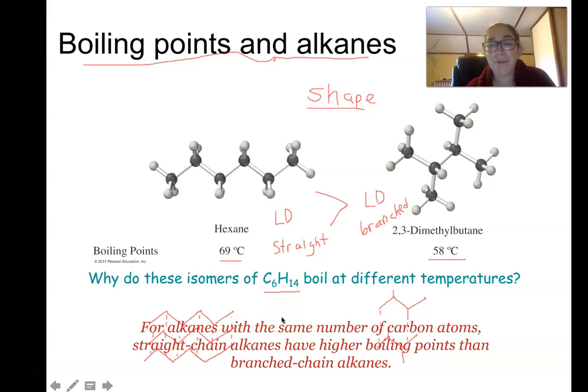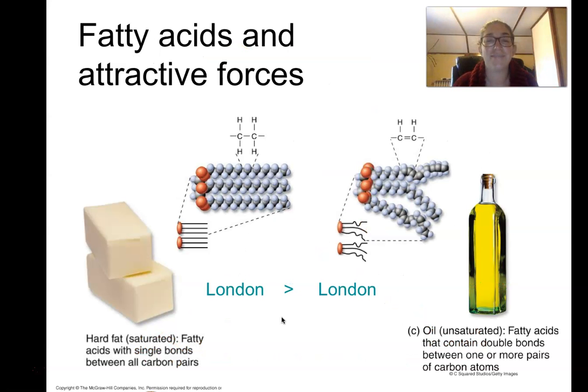For alkanes with the same number of carbon atoms, straight chain alkanes will have higher boiling points than branched chain alkanes. An example of this in real life is in fats. Lipids contain these long chains of hydrocarbons. Some lipids are saturated.